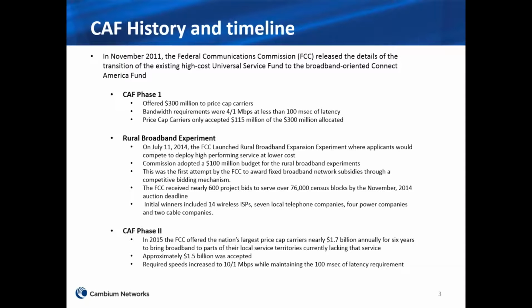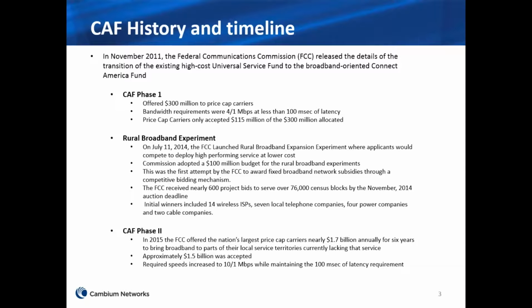With the experience gained from the rural broadband experiment, the FCC introduced CAF Phase 2. They were very pleased to see that through the rural broadband experiment there were other service providers willing to provide local broadband to these census blocks. So this experience drove a lot of the requirements in CAF Phase 2.